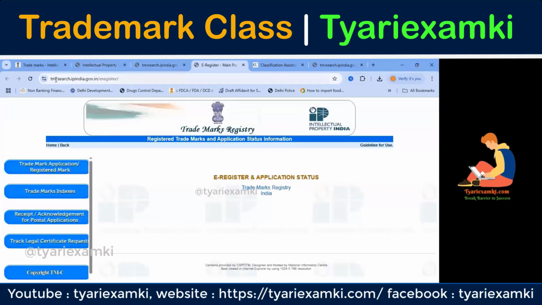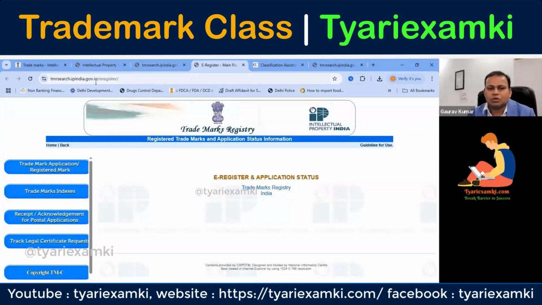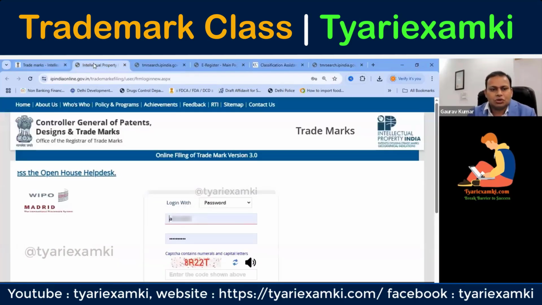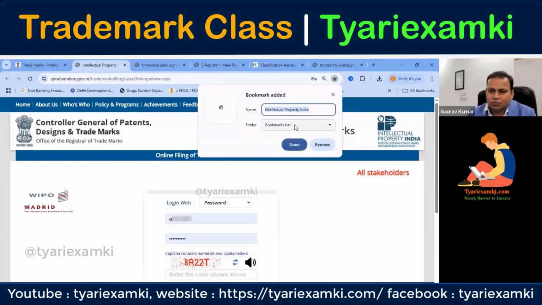For the e-register, tmsearch.ipindia.gov.in/eregister/. Or for the classification assistant, euipo.europa.eu. So these are the 4 websites which you can bookmark under your portal.